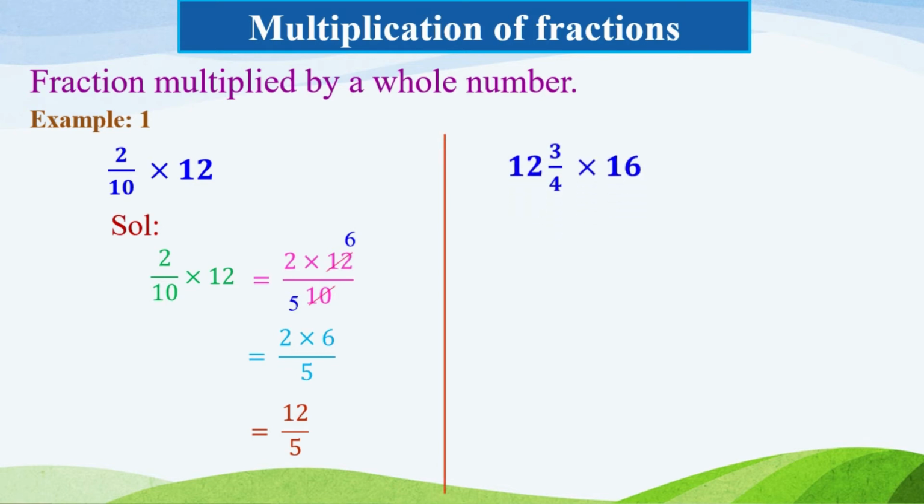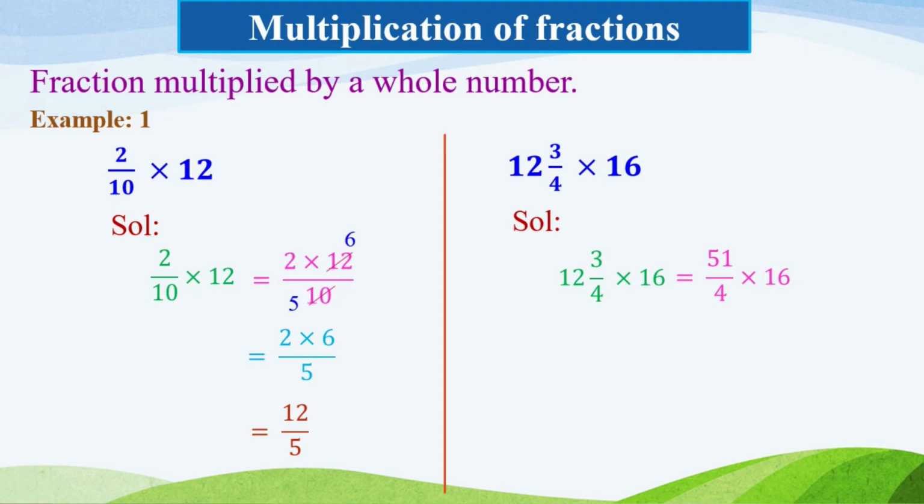Let's see another example. 12 3 by 4 into 16. Here 12 3 by 4 is a mixed fraction. A mixed fraction multiplied by the whole number 16. Let us find the solution. 12 3 by 4 into 16. Now first convert the mixed fraction into an improper fraction.